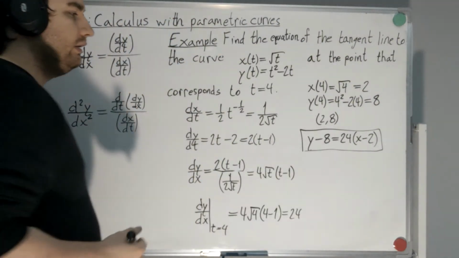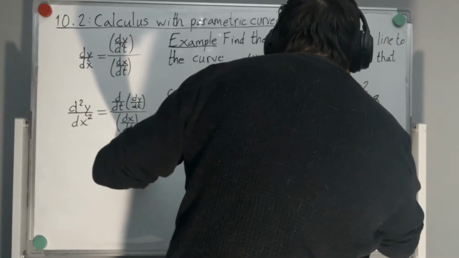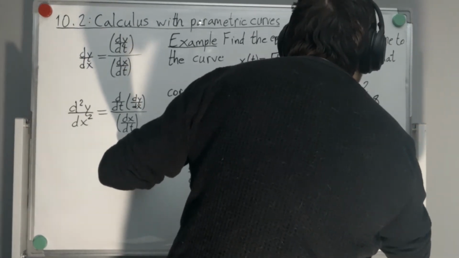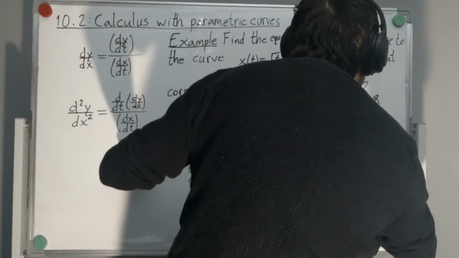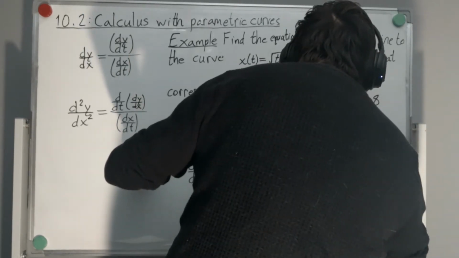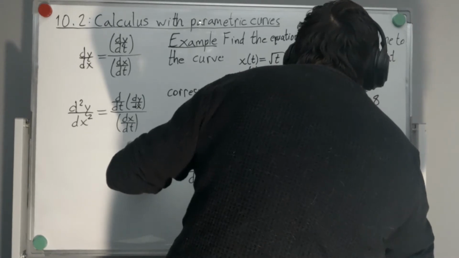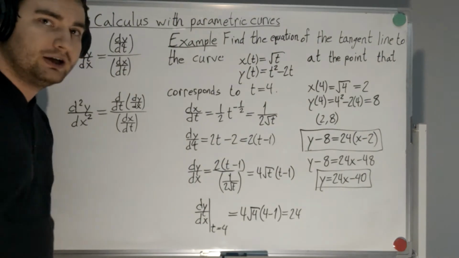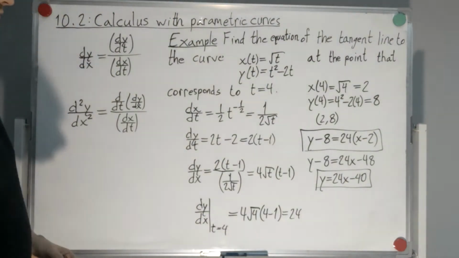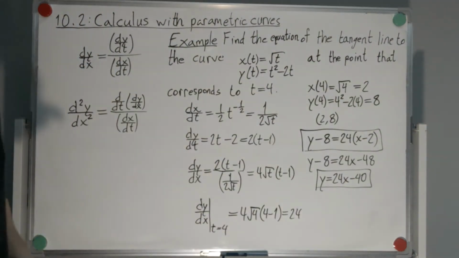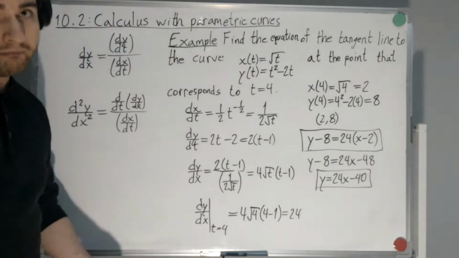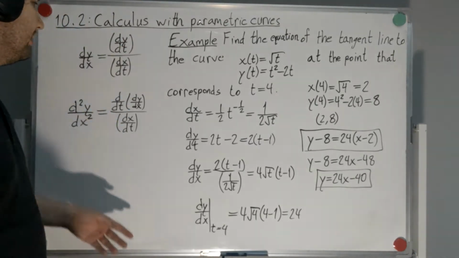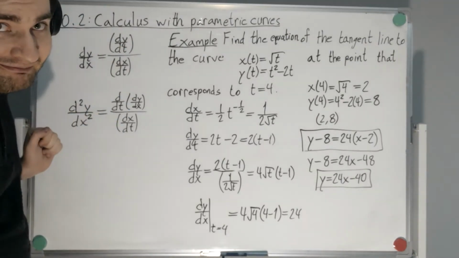We can write it in a y equals mx plus b form by first distributing everything on the right, so we can write y minus 8 equals 24x minus 48, then add 8 to both sides and get y equals 24x minus 40. And then that's the slope-intercept form of the tangent line. Okay? So, all stuff that you've done in Calculus 1 except for this formula.